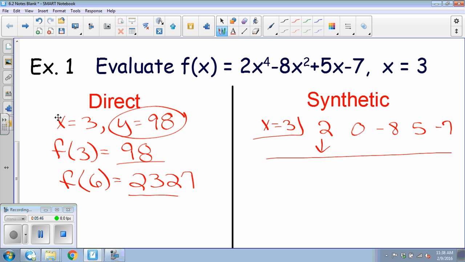So bring down the 2. Multiply. Combine. Multiply. Combine. Multiply. Combine. 35. Multiply.